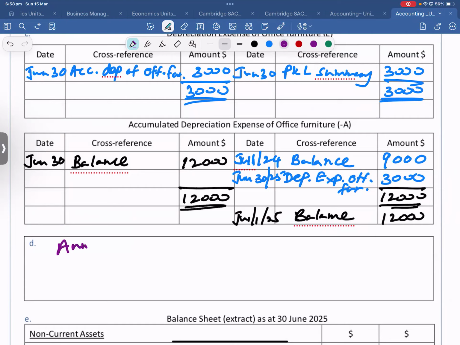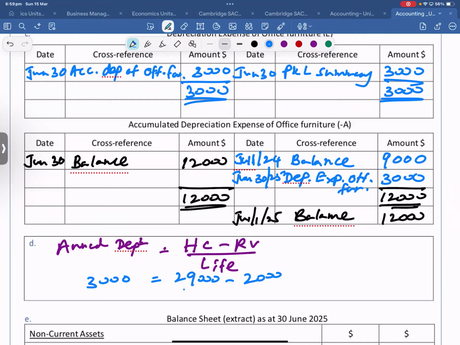So how do we do it, guys? Annual depreciation is equal to historical cost, take away residual value, divided by life. Then what is the annual depreciation? 3,000. Historical cost 29,000.